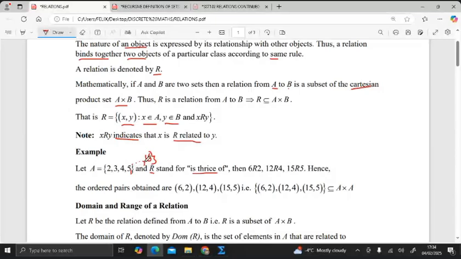We have 2, 3, 4, 5, 6, 7, 8, all the way to 16. And we told you that R stands for "is thrice of." Then we see 6 is thrice 2.